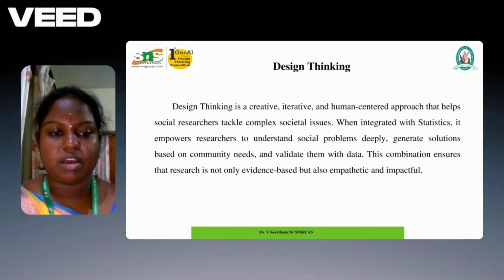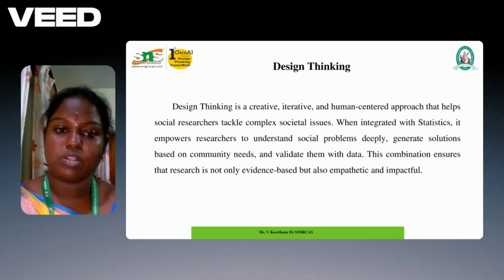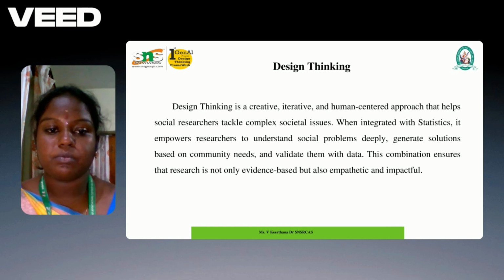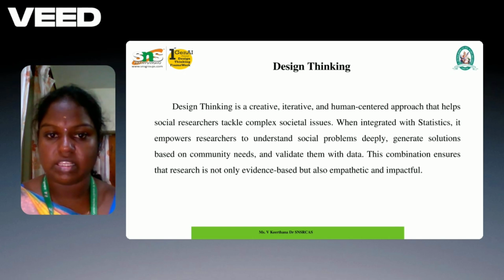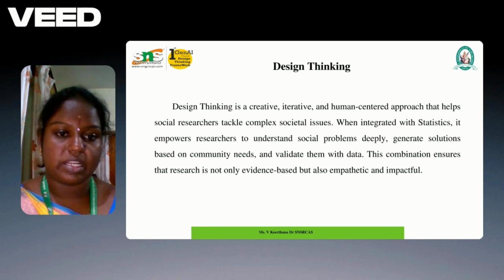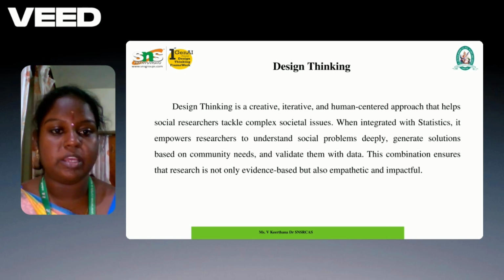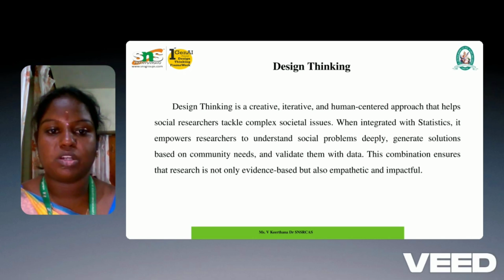So already we have known design thinking is an iterative and creative human centered approach which gives innovative solutions to societal issues. While integrating with statistics, it empowers researchers to understand the social problems deeply, to generate solutions based on community needs, validate them with data.